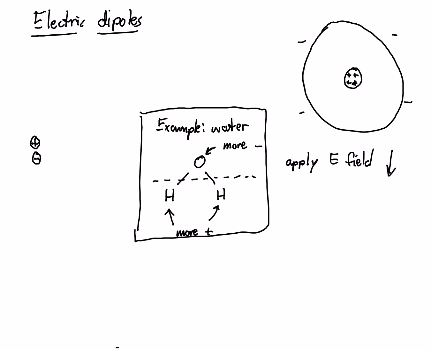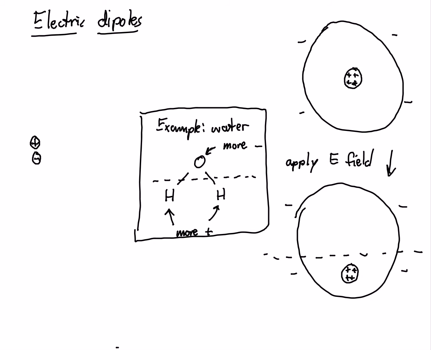If we apply, say, a downward E field, the result is that this pushes the nucleus downward and pulls that electron cloud upward, resulting in more of the positive charge being below this line and more of the negative charge being above it. Essentially you have the same situation, a very small positive charge and a very small negative charge very close to each other.